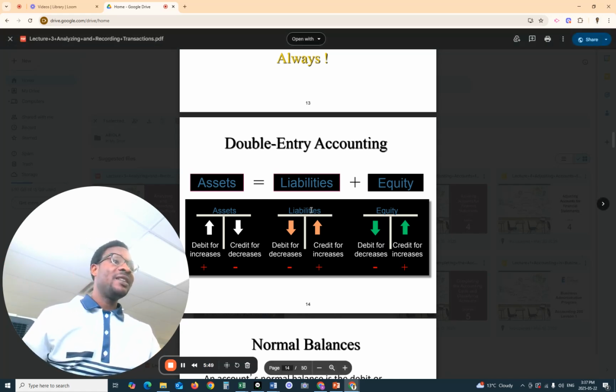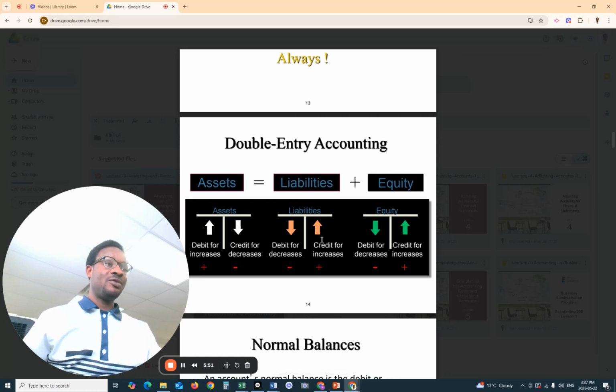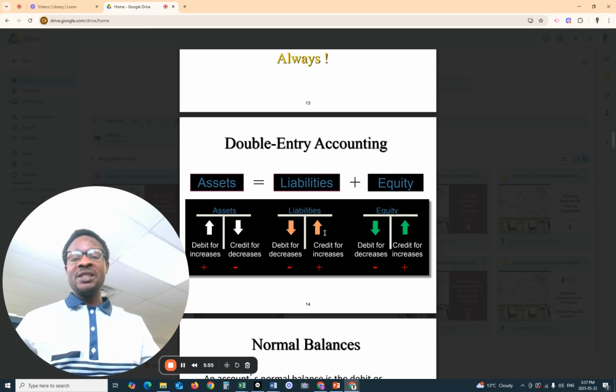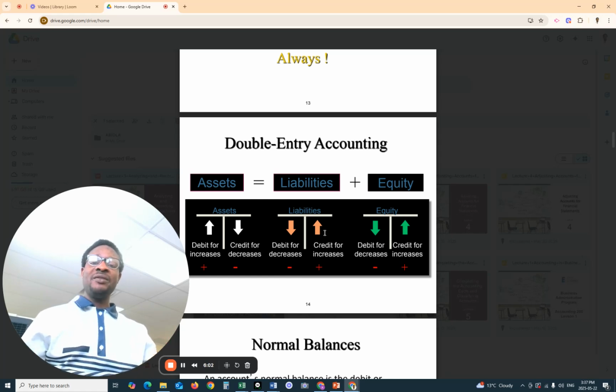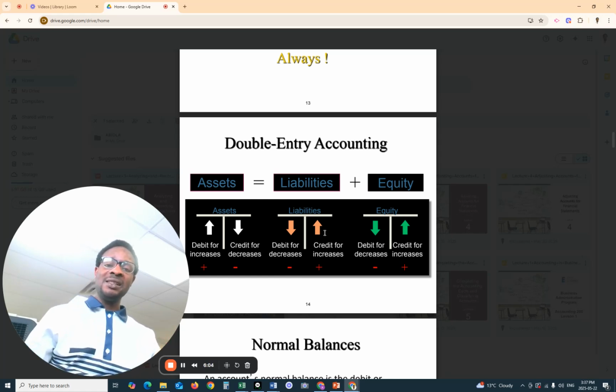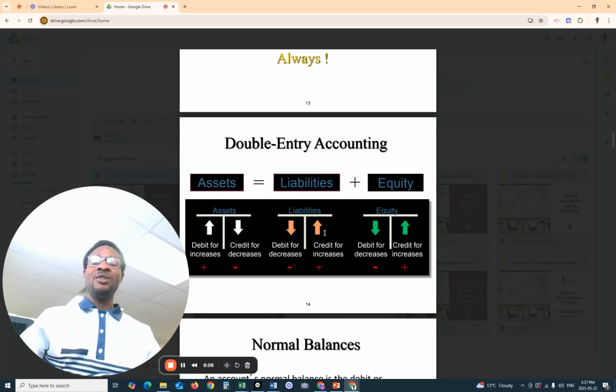For liabilities, they are the given entries. So when, for instance, a firm takes inventories on credit from suppliers, suppliers are the givers in that transaction. And because they are giving in that transaction, the supplier's account would be credited.